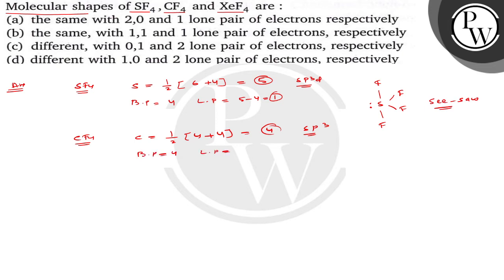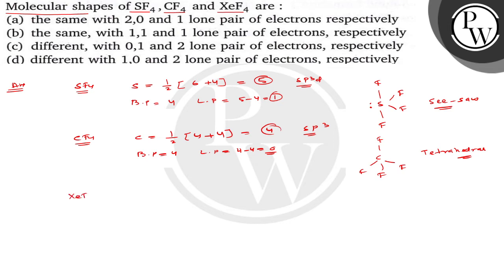So the number of lone pair is 4 minus 4, that is 0, and sp3 represents tetrahedral geometry. ठीक है. So this is the geometry of the species and here there is no lone pair of electron. So this represents tetrahedral geometry with no lone pair around the central atom.